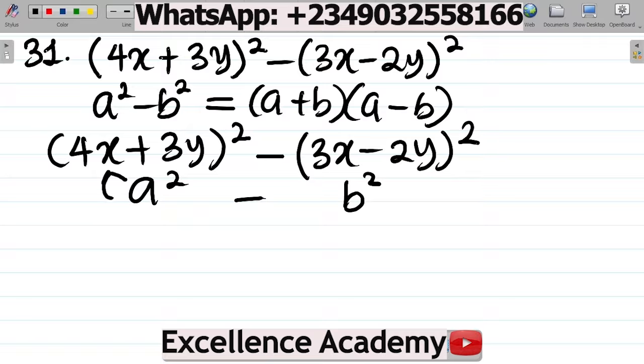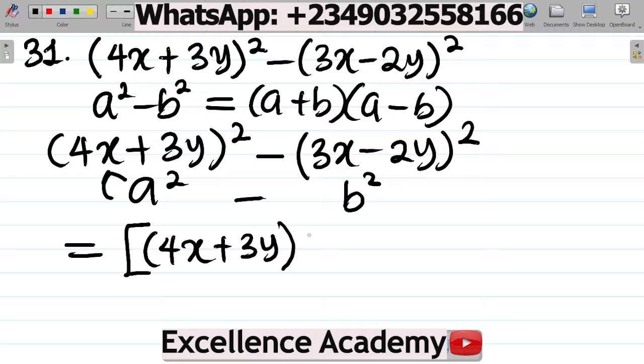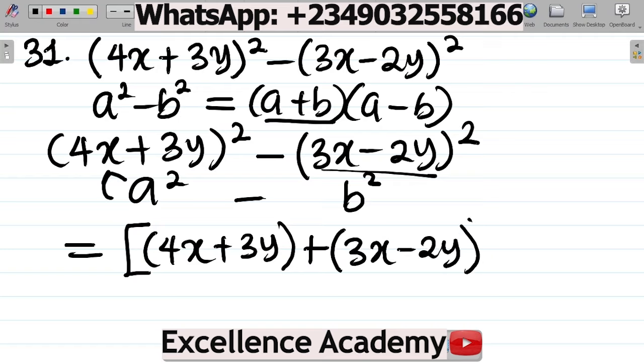So a is 4x plus 3y, and the value of b is 3x minus 2y. So in the first bracket we have a plus b.